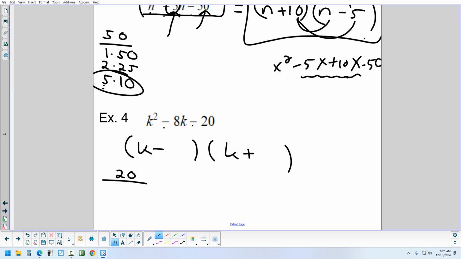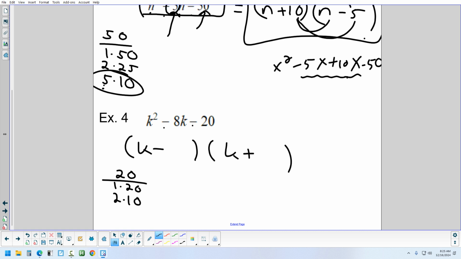What multiplies to give me 20? All right, 10 and 2. Anything before that one? 1 and 20. So 1 and 20. All right, 3 doesn't work.